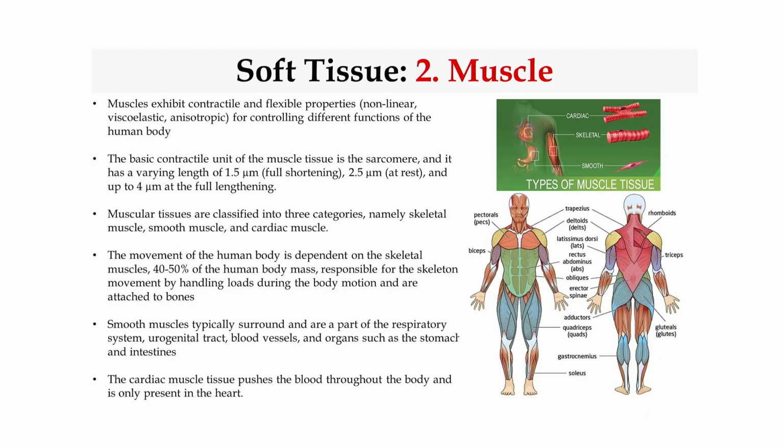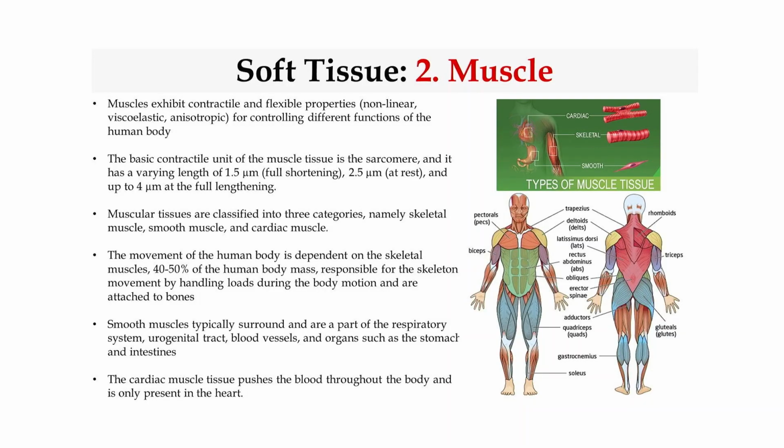So the sarcomere is the unit cell, and then you have muscle tissues which are classified into 3 categories. This is just to give you an overview of all the soft tissues we'll be talking about and testing, because unless we understand the anatomy and how complex they are, we will never be able to do the right mechanical characterization of them. We need to understand what their personalities are, right?